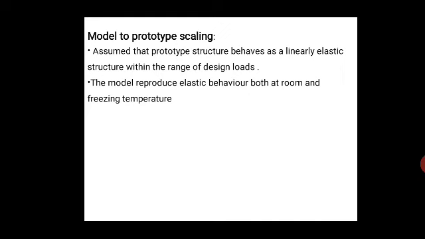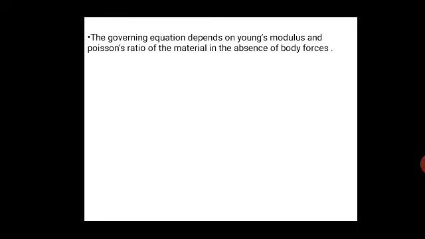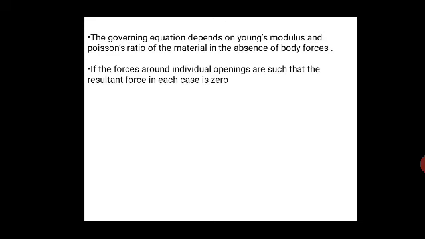Let us consider the elastic constants: one is Young's modulus E, and the other elastic constant is Poisson's ratio of the material. This holds in the absence of body forces, or when the body force field is uniform, as in the case of a gravitational field.